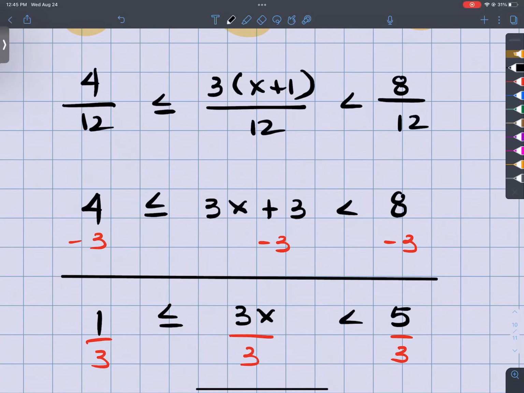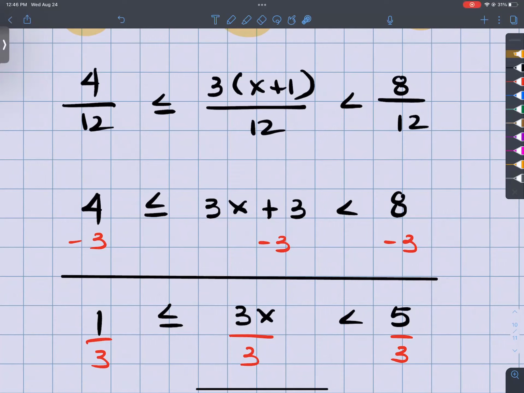Okay. So the one thing that you're going to need to know is this. When you look at an inequality and you see this right here, which is some type of less than sign, and this is also some type of less than sign, that means they are going to be connected with each other. Okay. And then what's going to happen is that if it goes the other way, which we will talk about in absolute values, right?